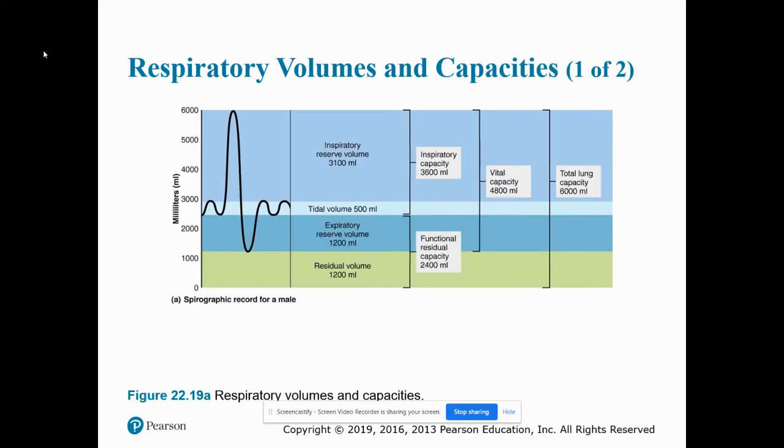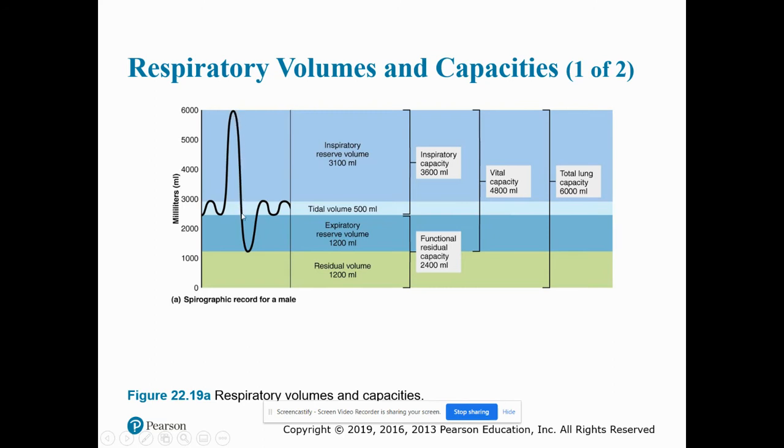This is just showing the different respiratory volumes and capacities. Tidal volume, up, down, just normal in and out, about 500 mils. Inspiratory reserve volume is the amount that you can forcefully inspire, goes way, way up.